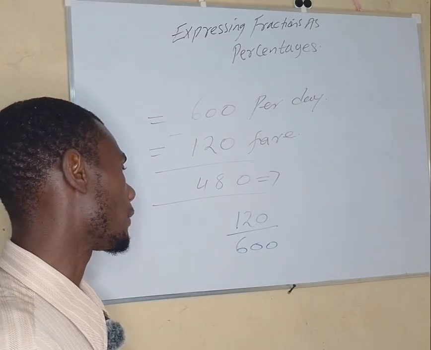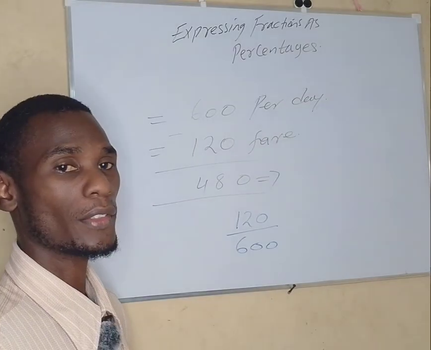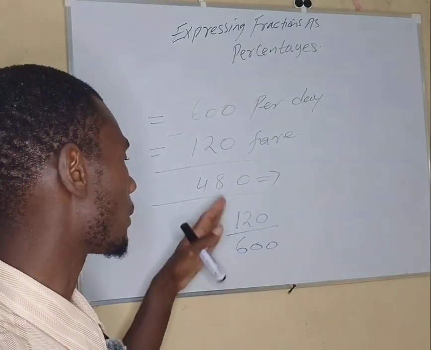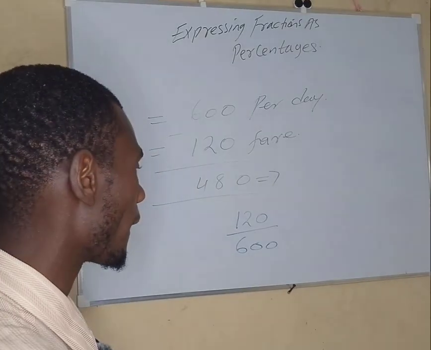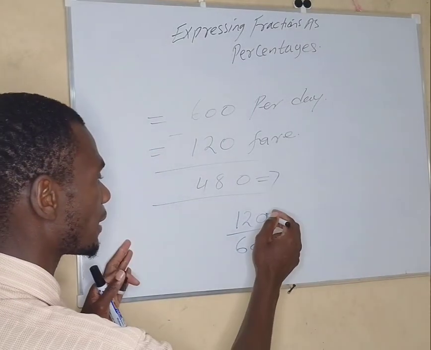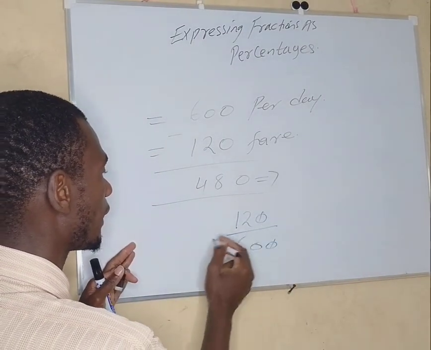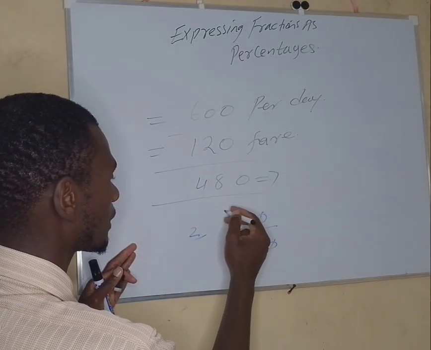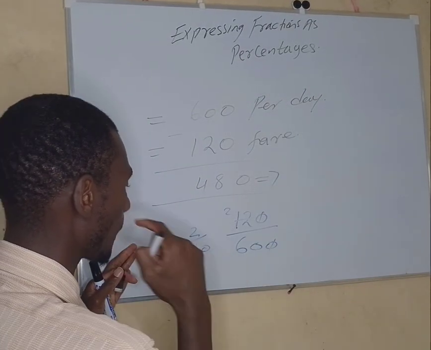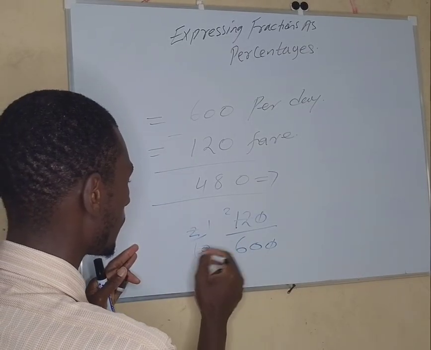So maybe the first thing you can do is try to simplify it. Even if you simplify it, you divide by 6, 6 goes there, 2 goes there, 10. So 1/5.